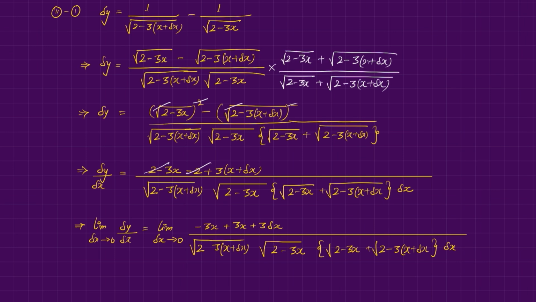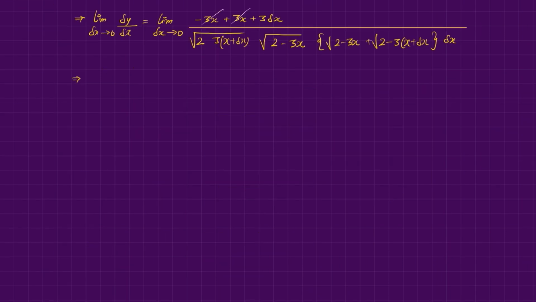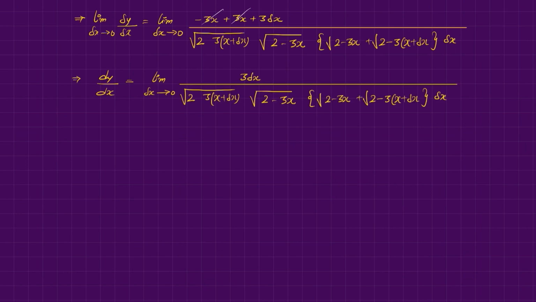So in numerator, as you can see, 3x and minus 3x are getting 0. So on the left hand side we will have dy over dx equals limit delta x tends to 0 of 3 times delta x over the same thing. In numerator, as you can see, delta x, and in denominator delta x are getting cancelled.